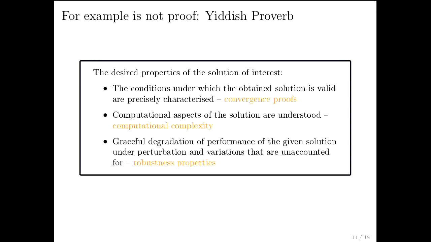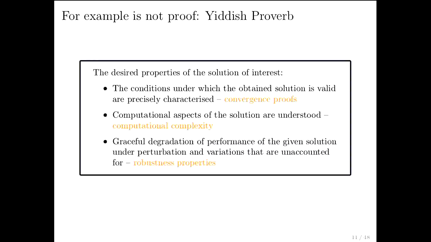I've been pushing this in different languages over the last 11 slides. We will talk about conditions under which a particular method is going to solve the problem. They fall in the category of convergence proofs, so whenever a method converges to a particular solution that we are interested in.